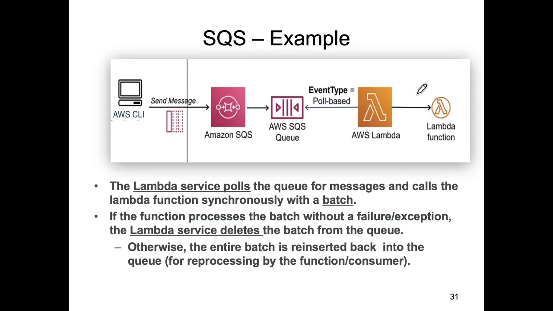Okay, so sorry, just to complete the picture, if your Lambda successfully processes the batch, as in it doesn't crash and it doesn't time out, then the Lambda service will take care of instructing SQS to delete the messages. So you do not have to put code in your Lambda function concerned with deleting messages from a queue. The Lambda service does that, which is kind of nice, really. Otherwise, we just have to keep remembering to delete messages from the queue.